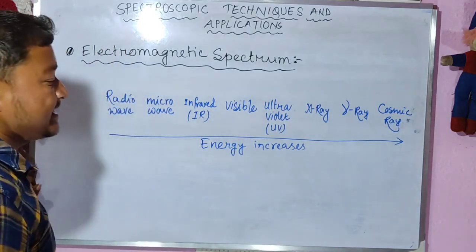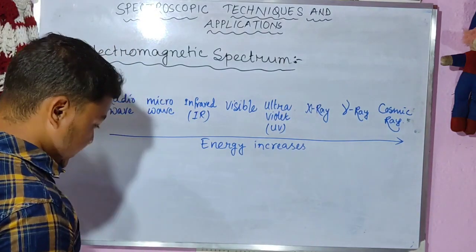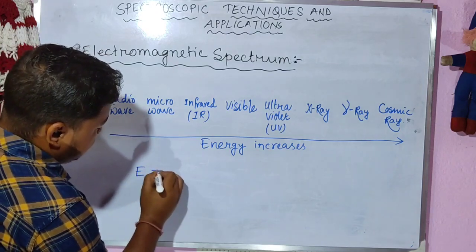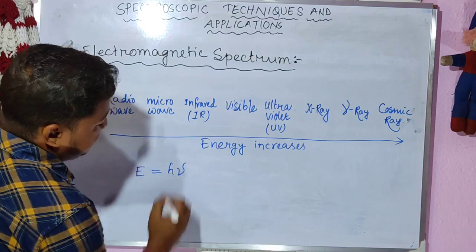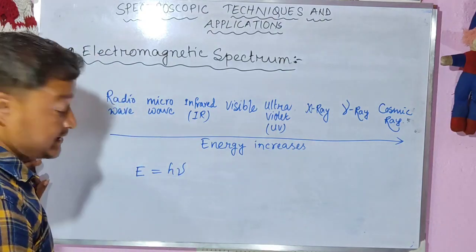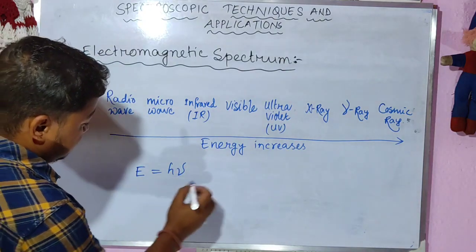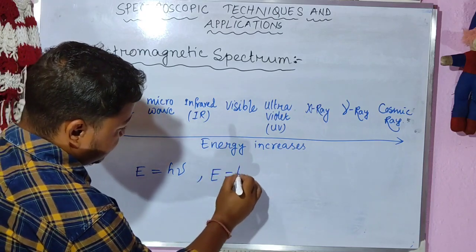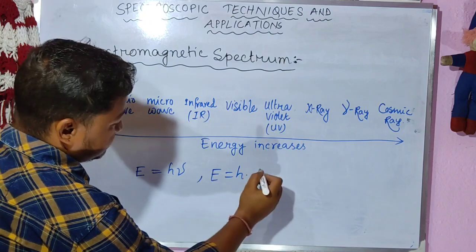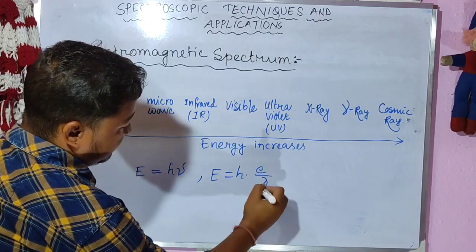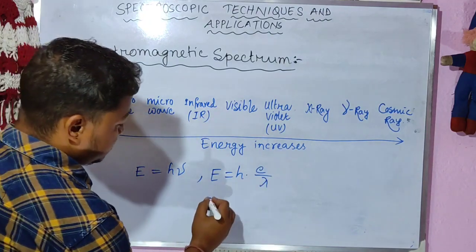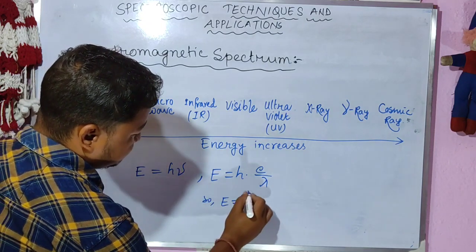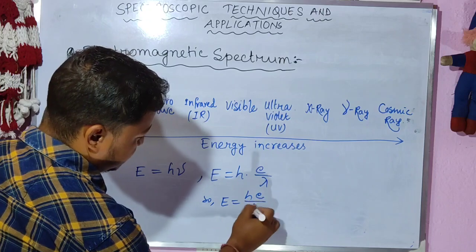The relation between energy and frequency is E equal to h nu, and from here E equal to h nu equal to h c by lambda.